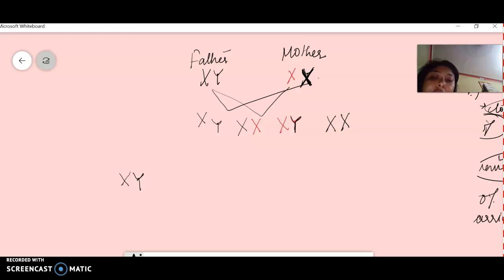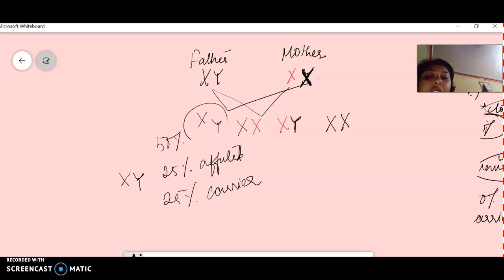So you have 50% normal, 25% affected and 25% carrier. Why 50% normal? Because out of the 4 offspring, you have 2 offspring, one male and another female, which are normal.